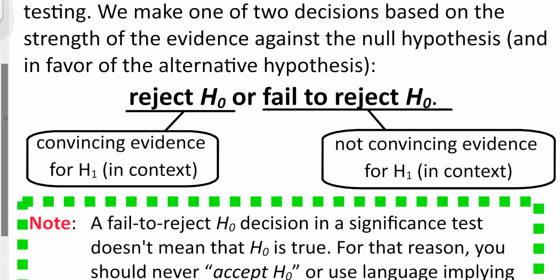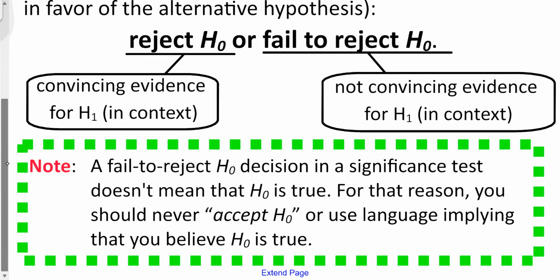If you fail to reject, you just don't have that evidence. But it's important to note that a fail to reject decision does not mean that we're going to accept the null hypothesis. We don't know if it's exactly 80%. We just know that we can't say that it's not 80%. We don't have enough evidence against it. So that's why we use the term fail to reject. All right?